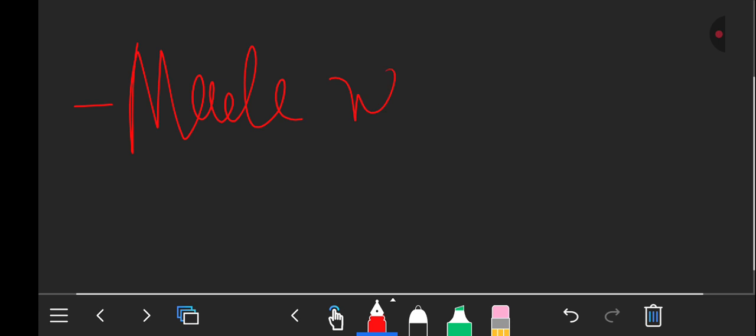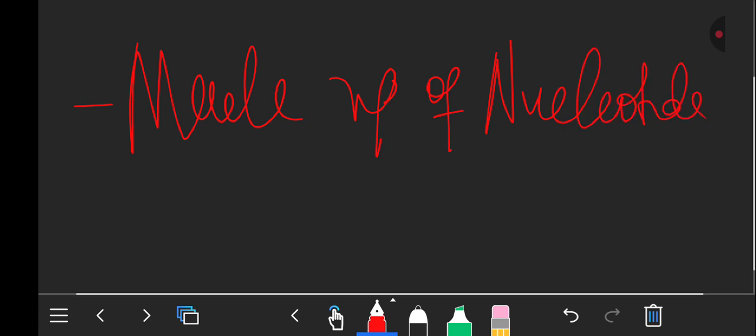Now let's look at what makes up the nucleic acid. What are the components which make up the nucleic acid? We need to understand that nucleic acids are made up of nucleotides. Let's understand what nucleotides are. Nucleotides are compounds composed of different molecules.